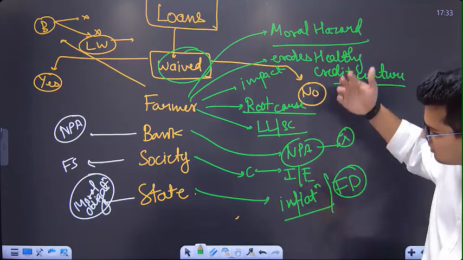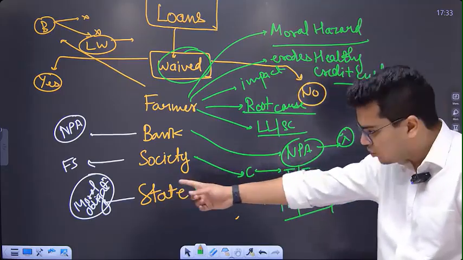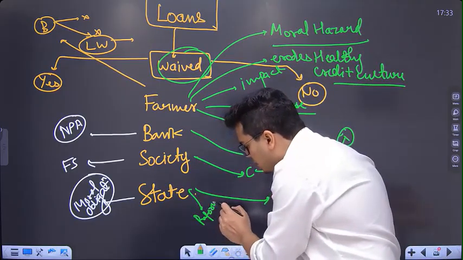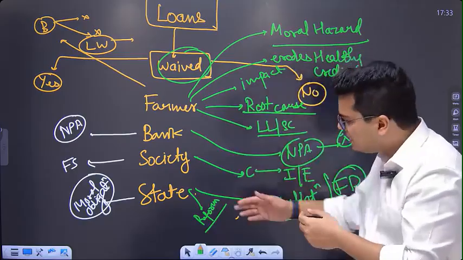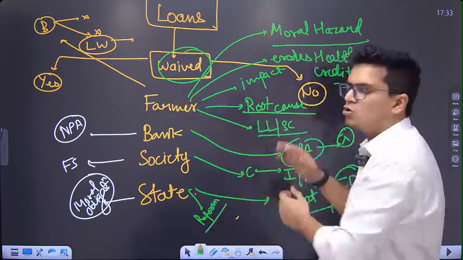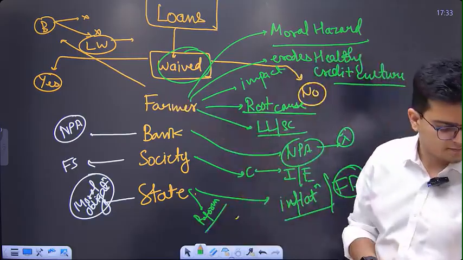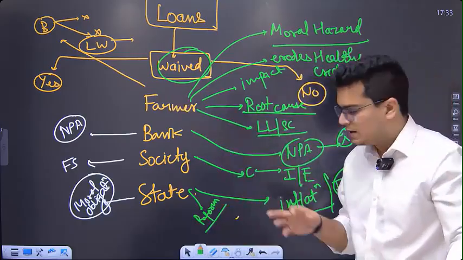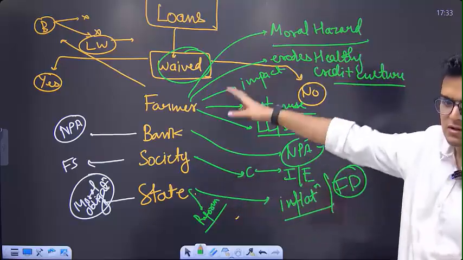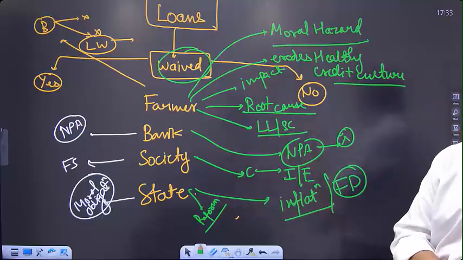Then the moral responsibility of the state is also to reform the agricultural sector. But it is a very easy tool to give loan waivers and not think about the root cause of Indian agricultural problems. Right? It will also become a vote bank tool, 100%. Correct? So this is the idea of loan waivers.